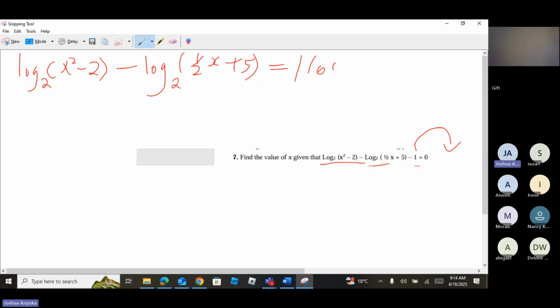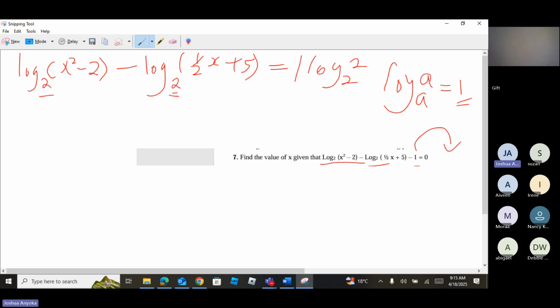So this is 1, log 2 of 2. This one brings in law number 4. Law number 4 says log a of a equals 1. So where there is 1, we can comfortably substitute it with a log, but we must maintain the base.